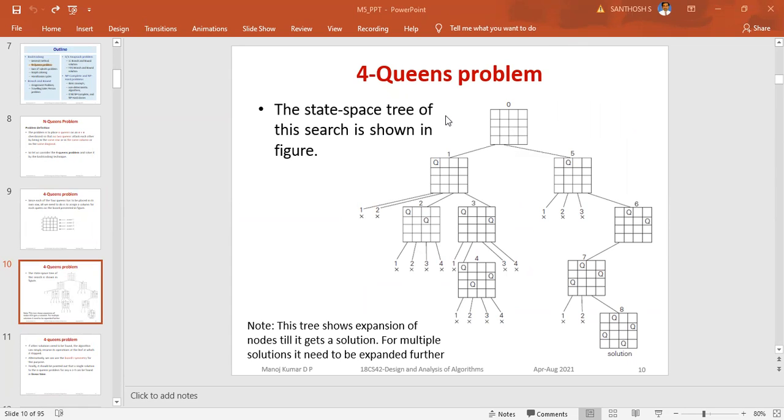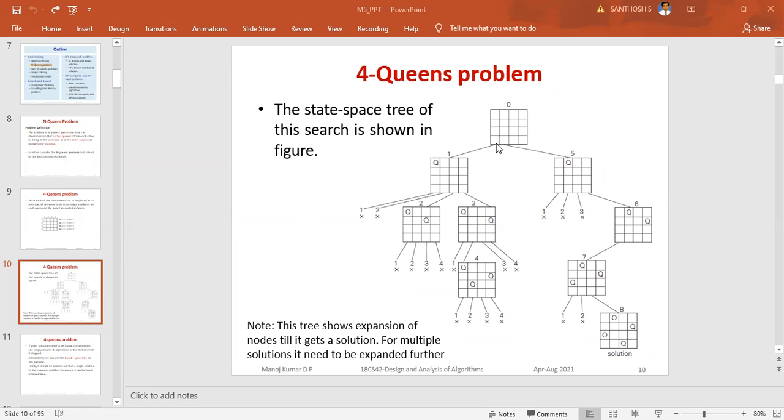The state space tree of this is shown below. So the first queen is placed here. You can see here, if it is placed in this row, this column, next it should not be placed in this row, this column, and this row.